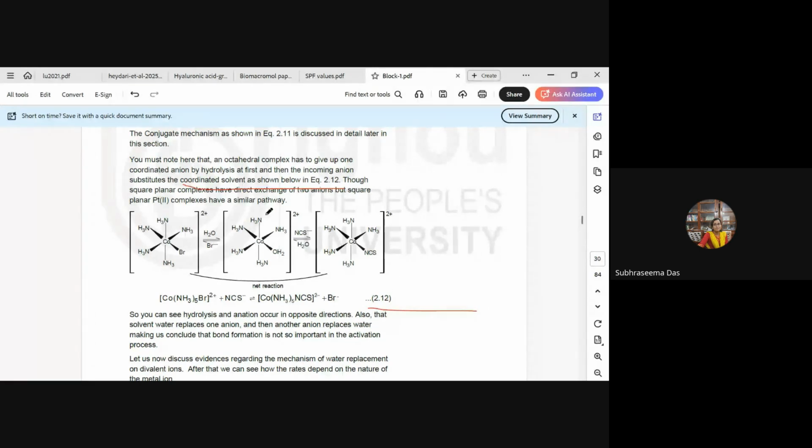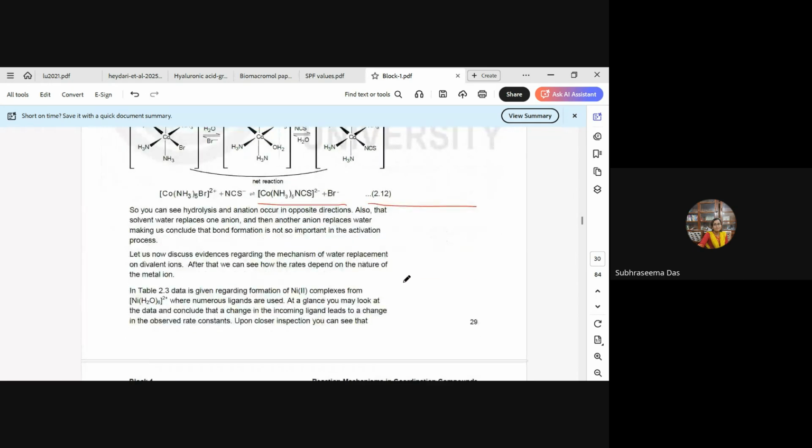Square planar complexes have direct exchange of two anions, but square planar Pt(II) complexes have a similar pathway. So here you see Co(NH3)5Br plus NCS, and this is how the substitution reaction takes place.